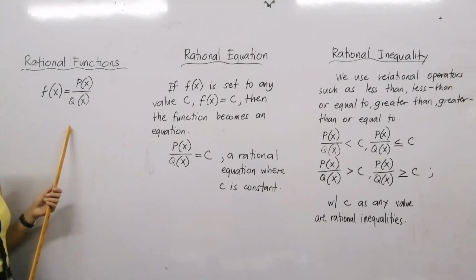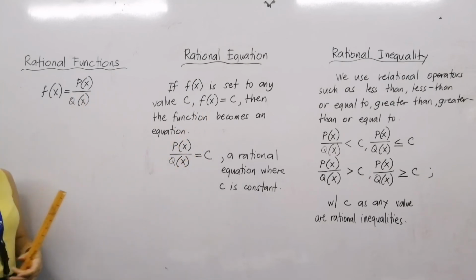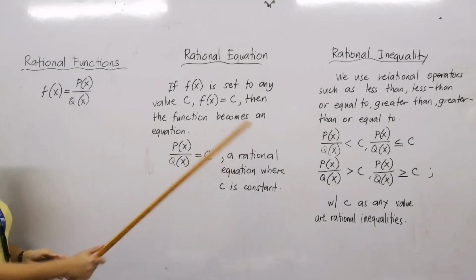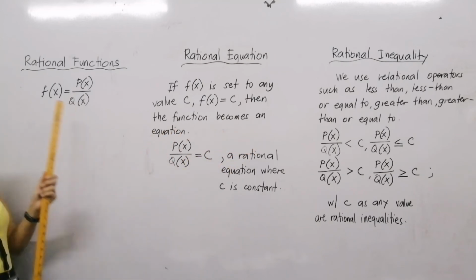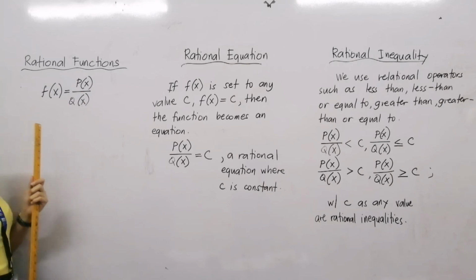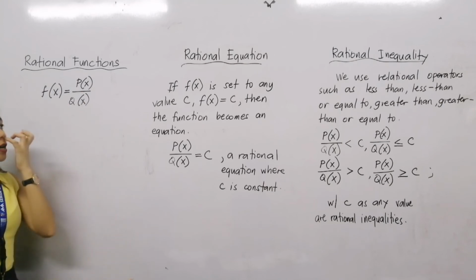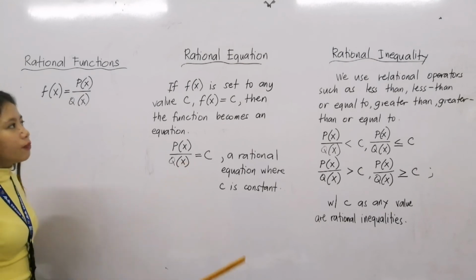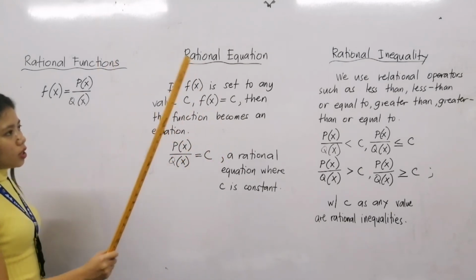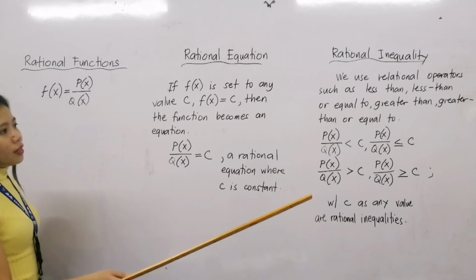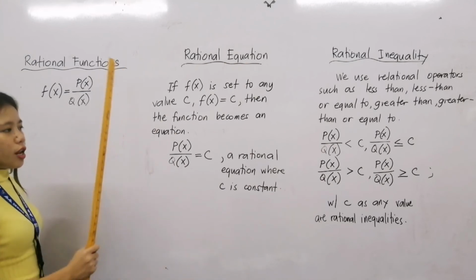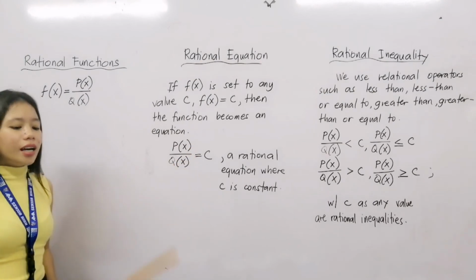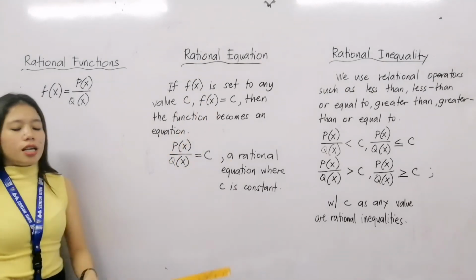Ngayon class, we have 3 concepts. We have the rational function, alam niyo na kung ano po to, and we still have 2. So let us distinguish them. How are we going to differentiate rational function, rational equation, and then rational inequality? Ganito class, rational equation and rational inequality, na-derive din po sila from rational function. It's just that may certain characteristics po sila.